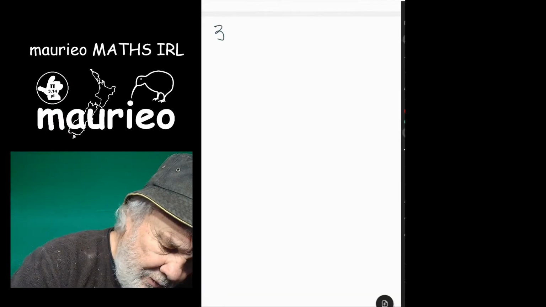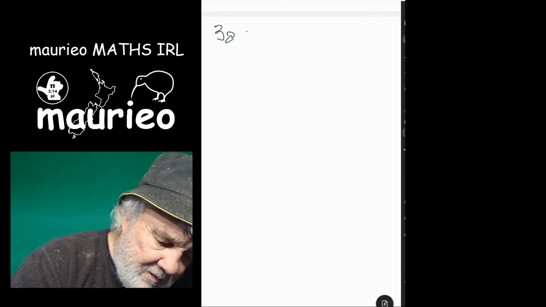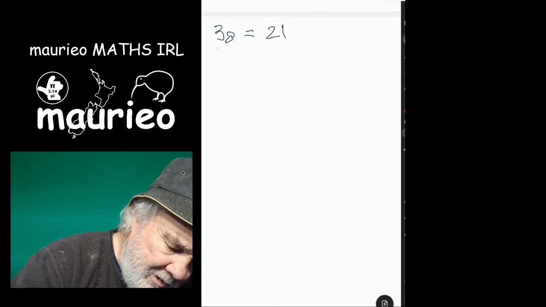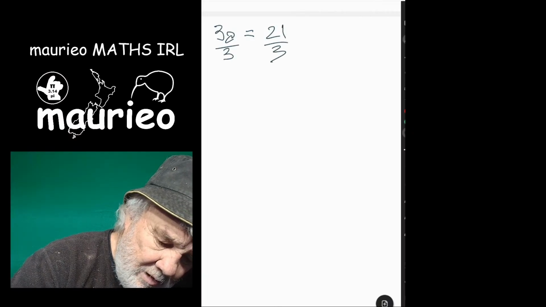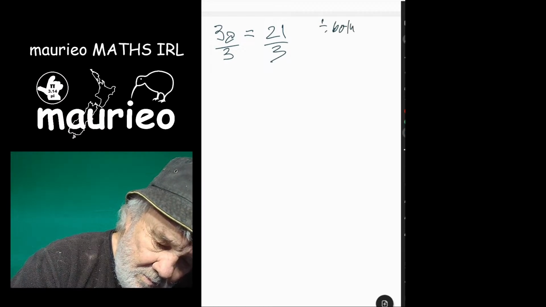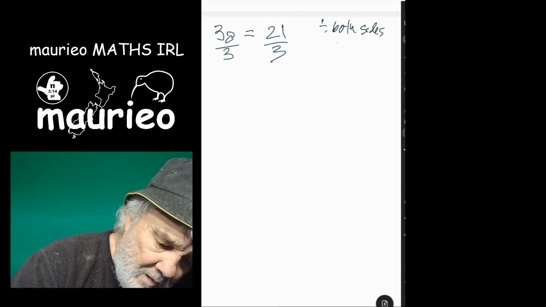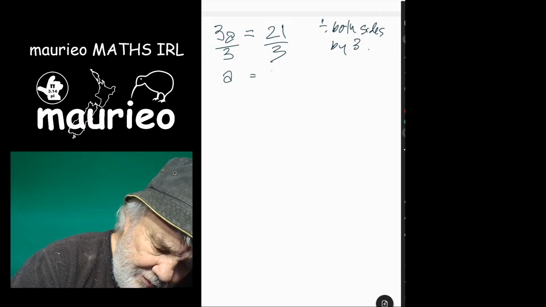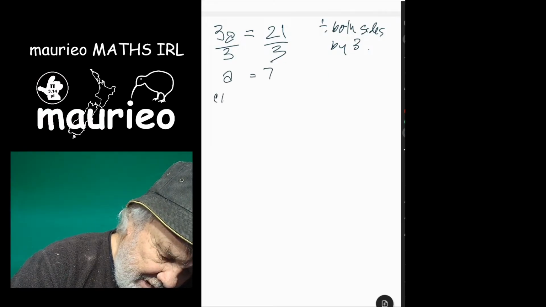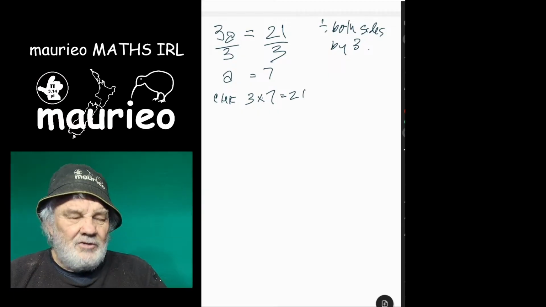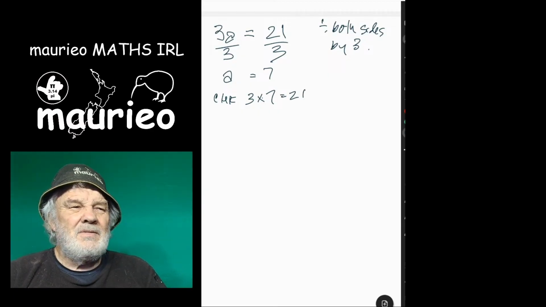Like we had 3a equals 21, so we divide both sides by 3, and we get a equals 7, which we check. 3 times 7 equals 21. So we've got ones like that we can do.